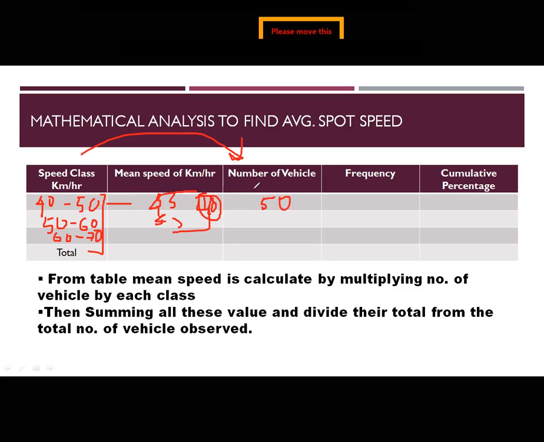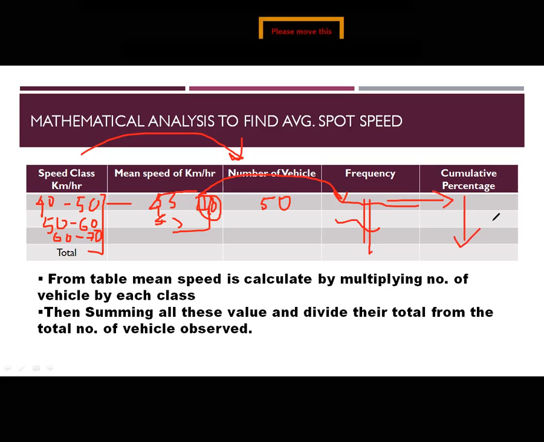From that we calculate the average speed, and then the cumulative percentage of a particular speed is counted, so the maximum cumulative speed is considered in this particular column.